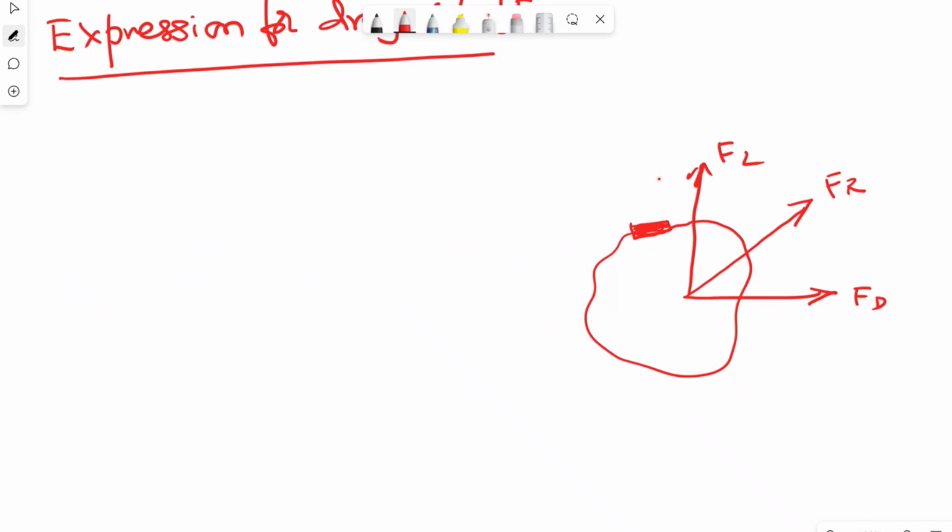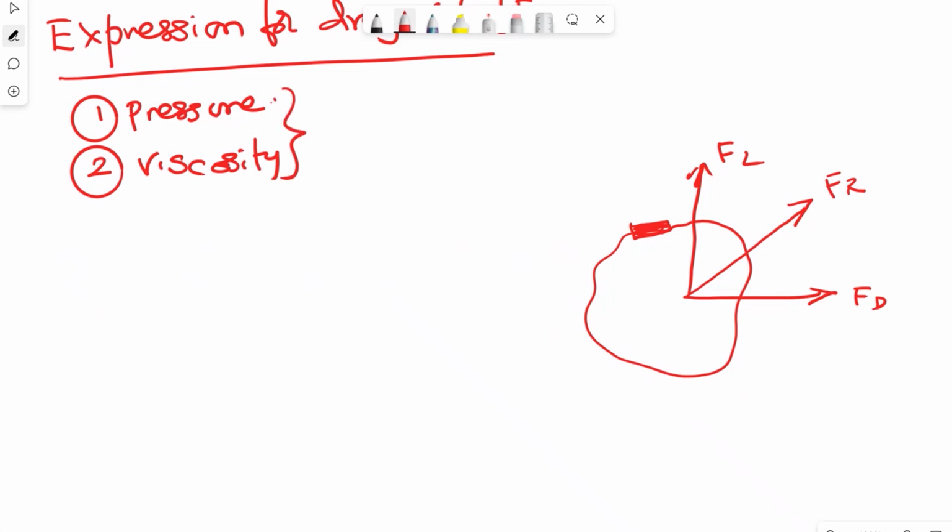Now, what are the two things I told? One is the pressure difference, that is the pressure distribution. The second one is viscosity, meaning viscous stress or force. Now, how will the pressure act?